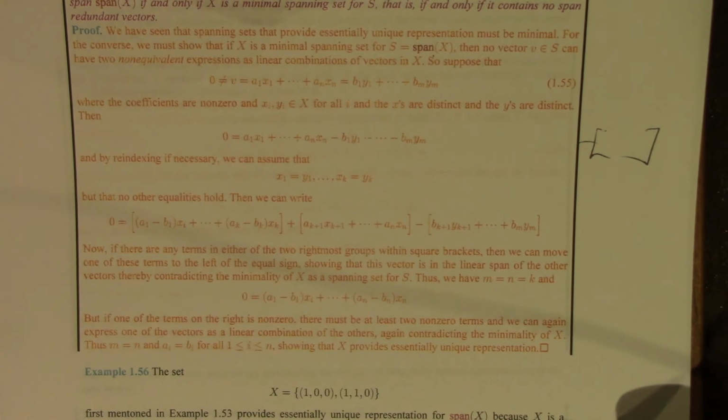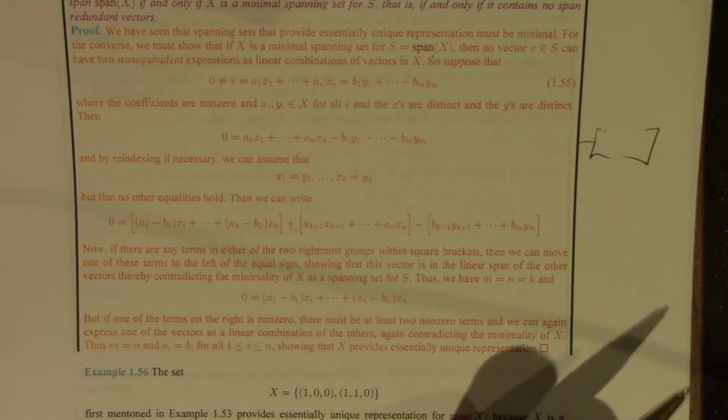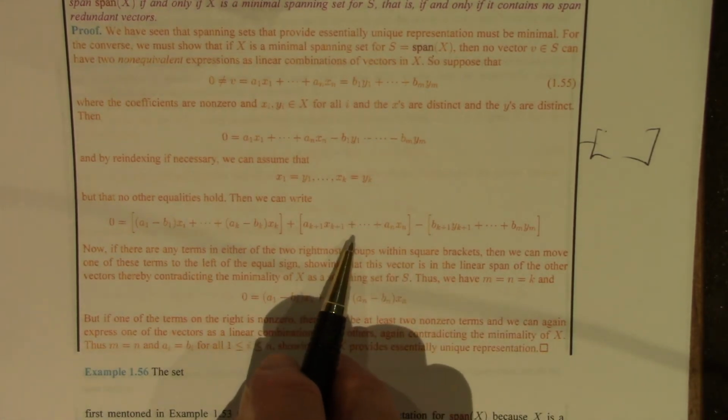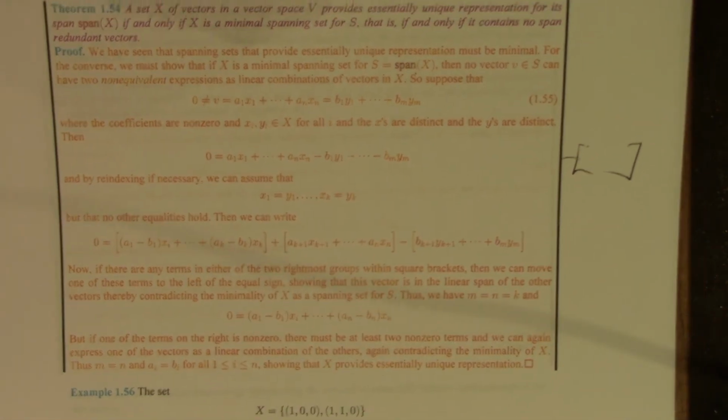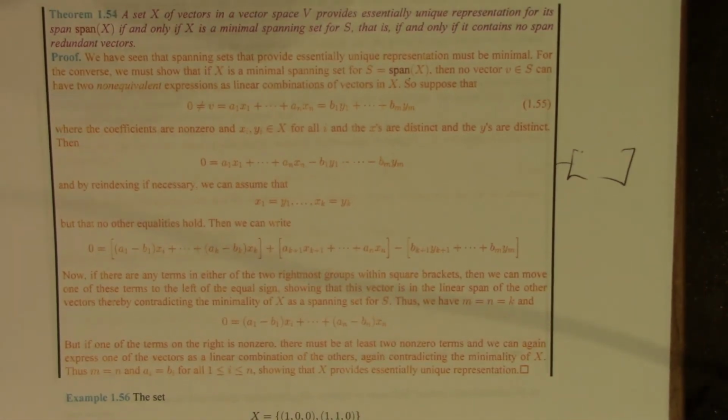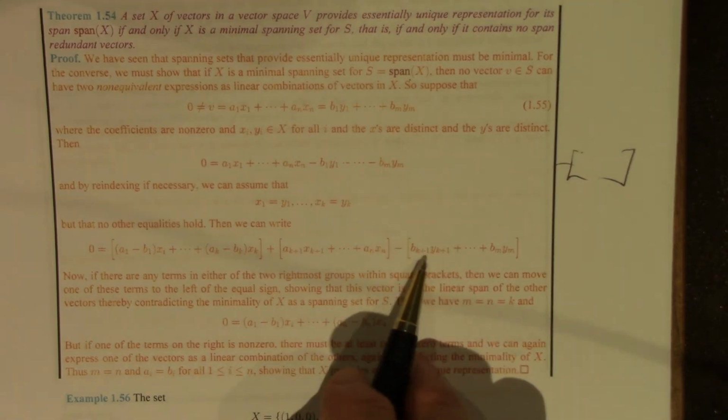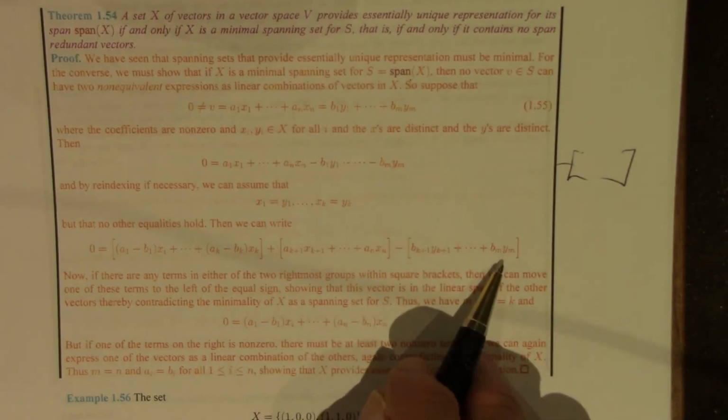Okay? And so this is not a minimal, X is not a minimal spanning set, which is false. We're assuming it is. If there's a y term over here, we can do the same thing.